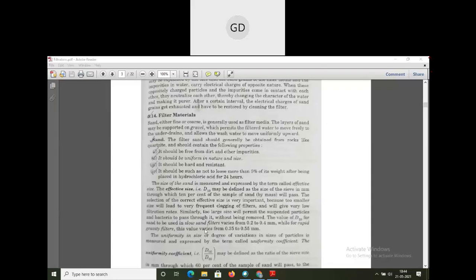So you can see here, the value of D10 for sand used in slow sand filters varies from 0.2 to 0.4, and for rapid gravity filters it is 0.35 to 0.55 millimeter.